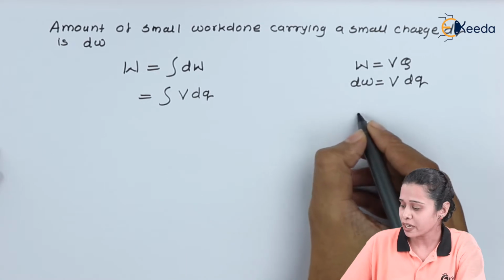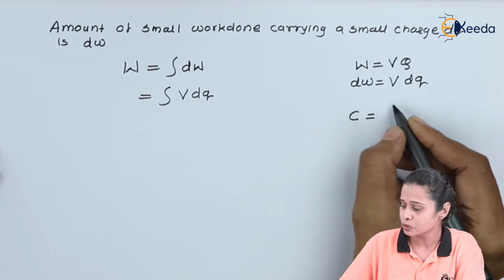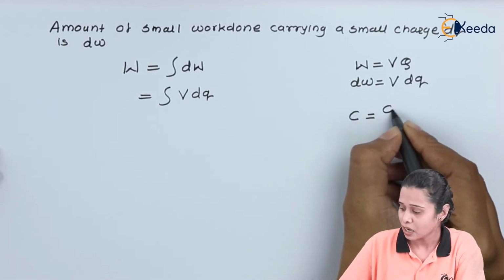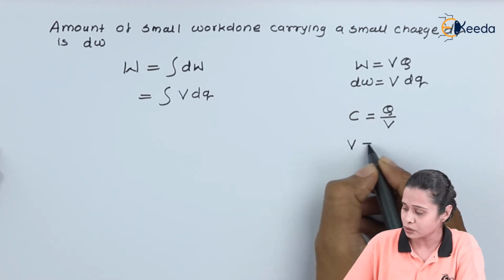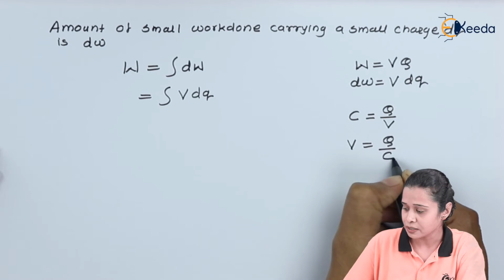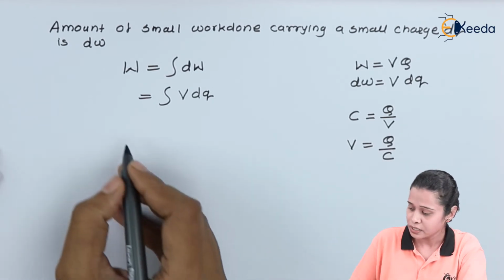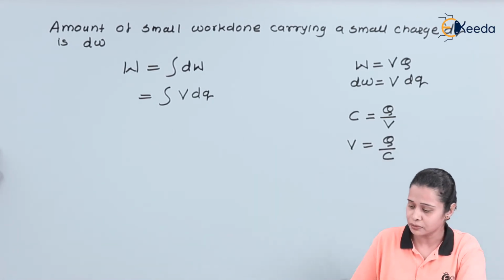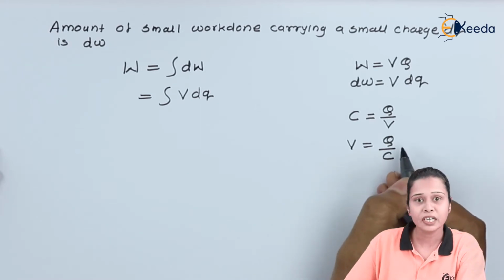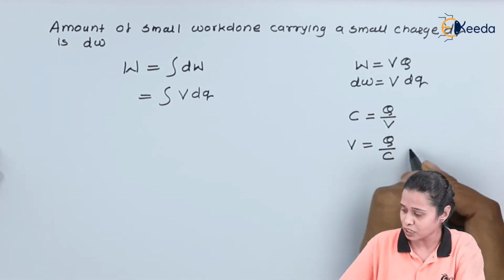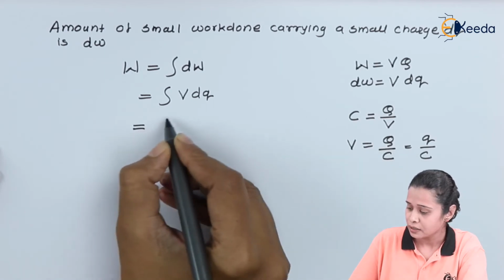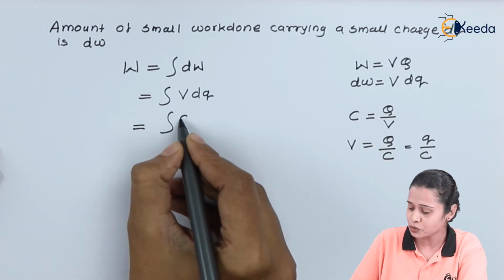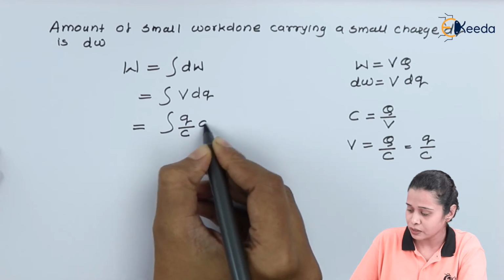Now, we know capacitance C is equal to Q upon V. Hence, V is equal to Q by C. We substitute this value, and instead of V we will substitute Q by C into dQ.